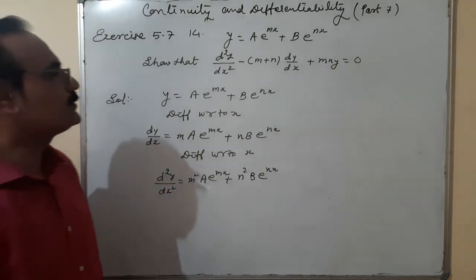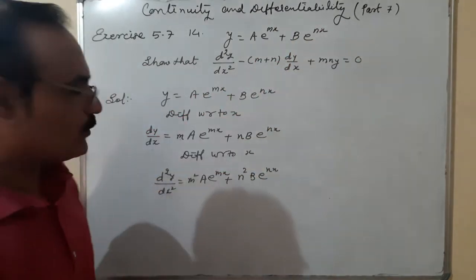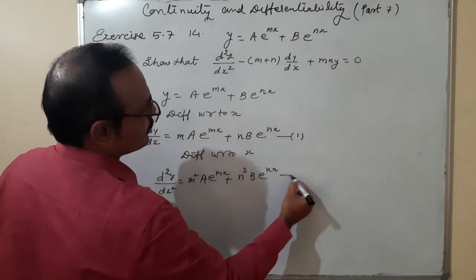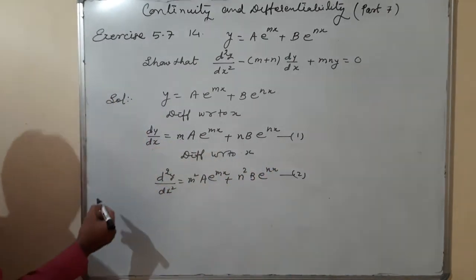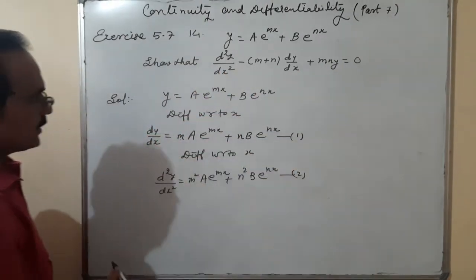Now here what we have to do, we'll substitute the values, and the right hand side term will be 0. So that is equation number 1, and that is equation number 2. Now putting the values in this term, this is equal to 0.